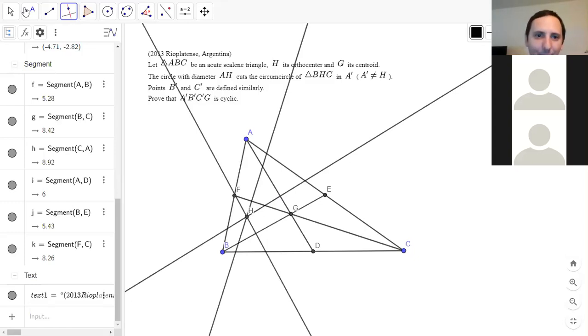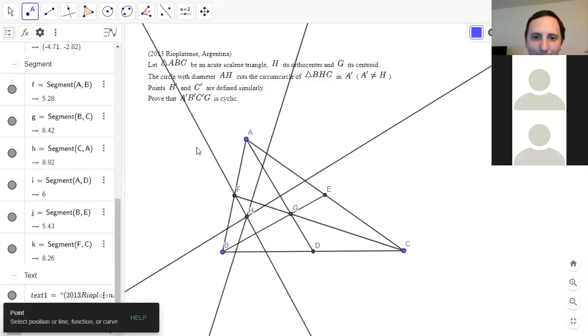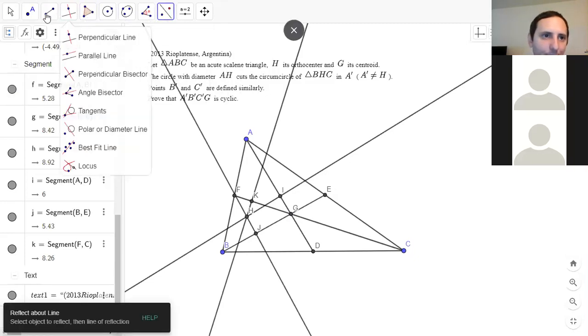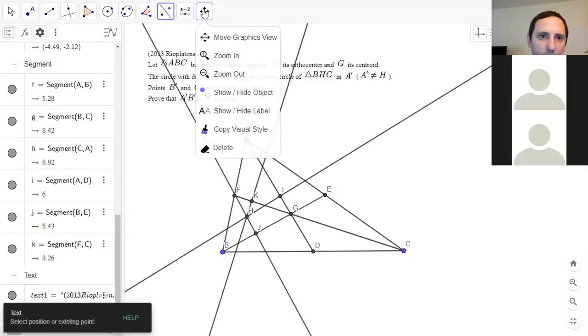Okay, this problem was too easy. Yeah, all of them lie on the circle with diameter HG. So all right, I'm just going to quickly write it up and then move on to the next problem. Let's see.